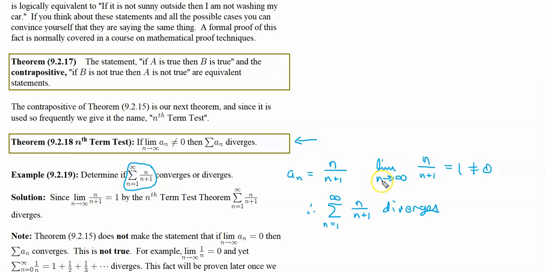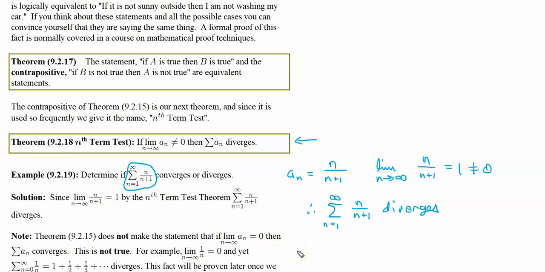That's pretty simple. Now, it is important to note one thing here. If the limit of your an's does equal 0, the nth term test is not telling you that the series converges. Do not make that mistake. That's what we're pointing out in this note down here.